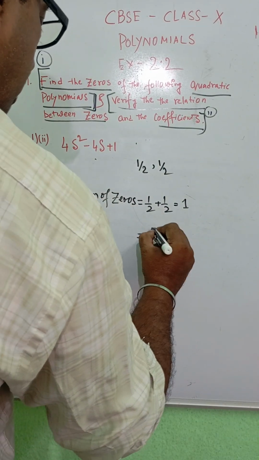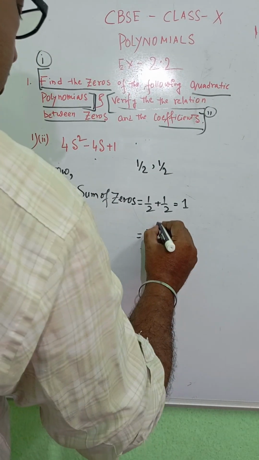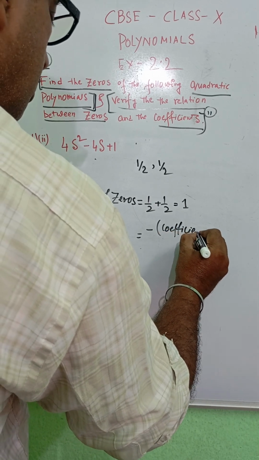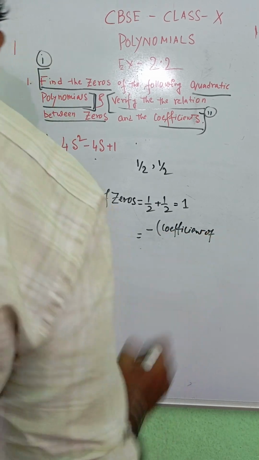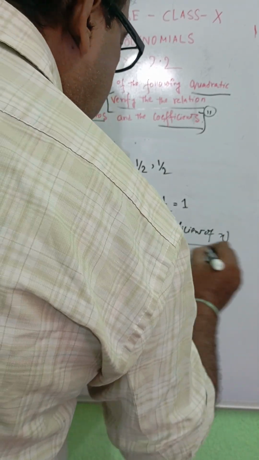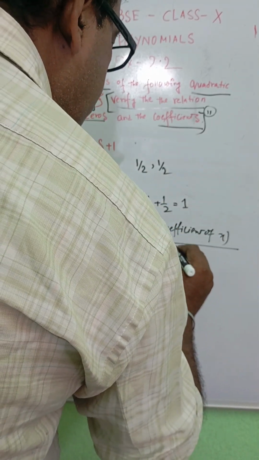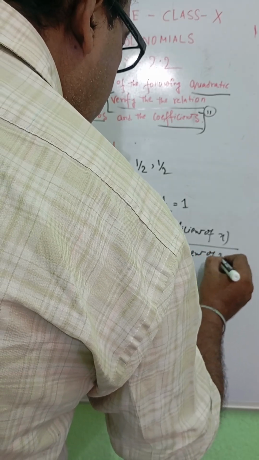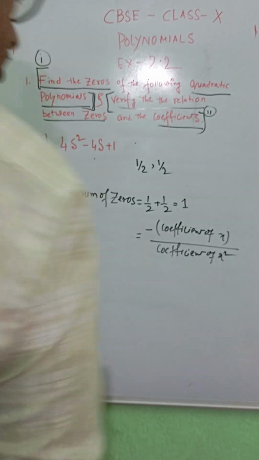Again, we have to write minus coefficient of x by coefficient of x squared.